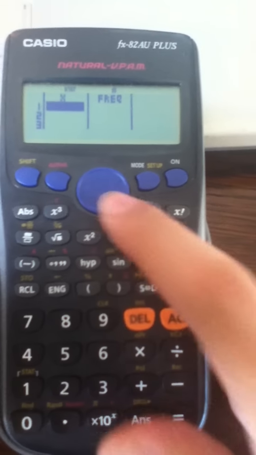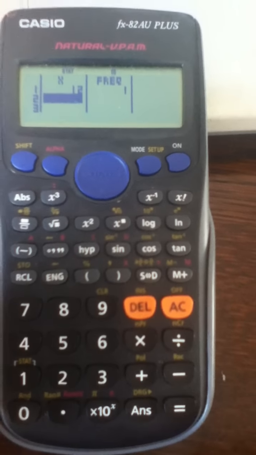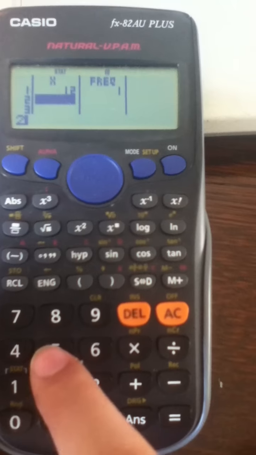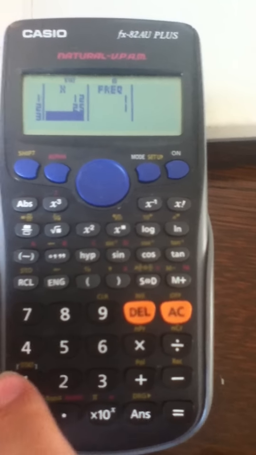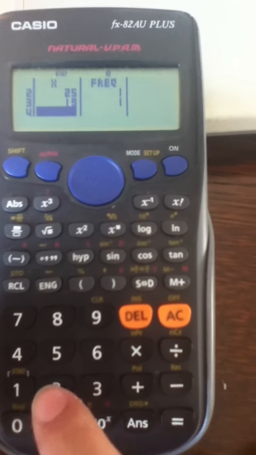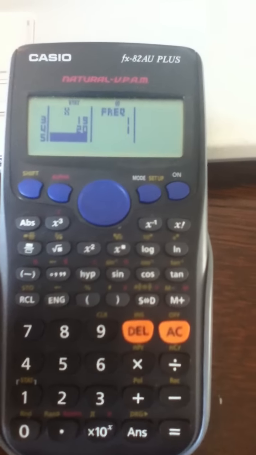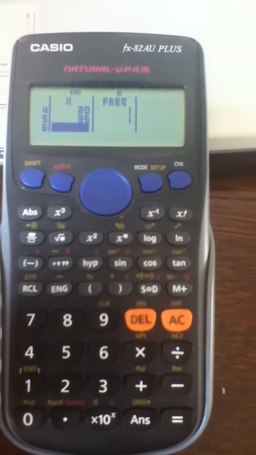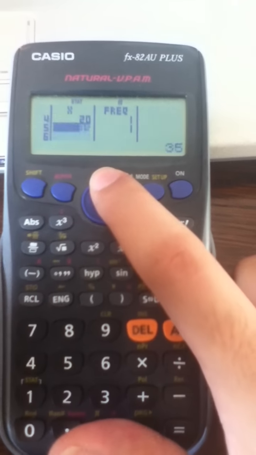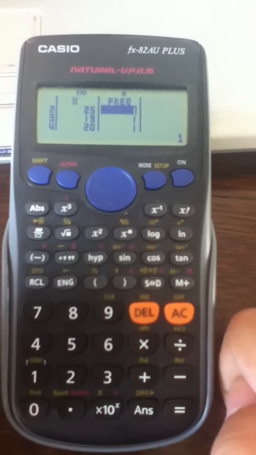Now let's enter the scores. The first one was 12, so you press 1, 2, and equals. Next one was 25, so you press 25 equals. Then 19 equals. Then 20 equals. And 35 equals. Now, let's suppose in another example we had three 25s.